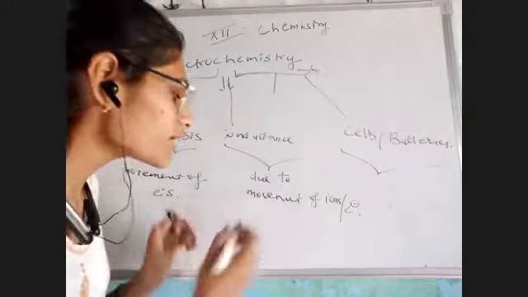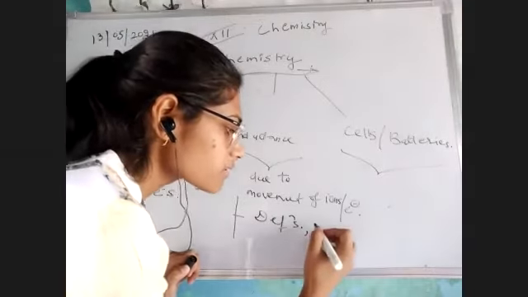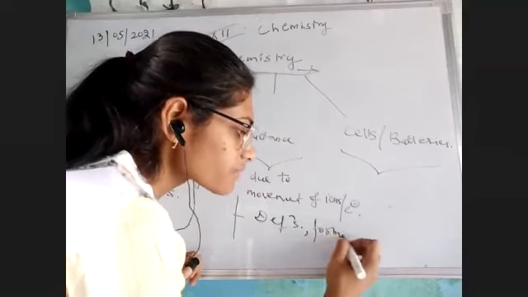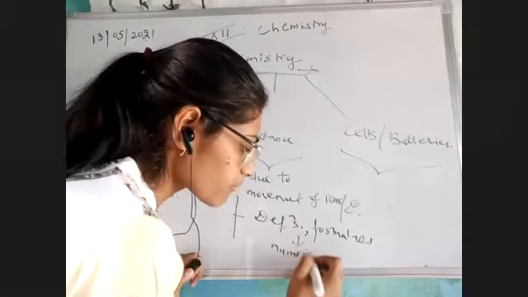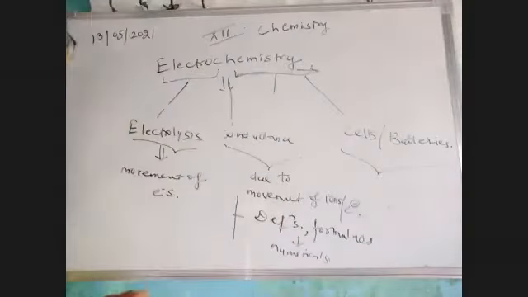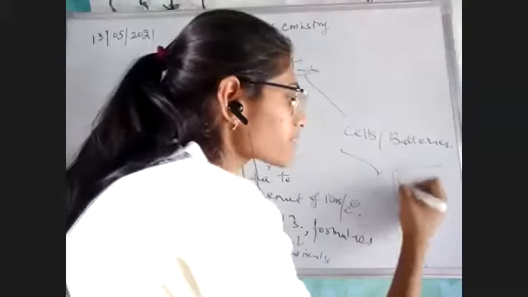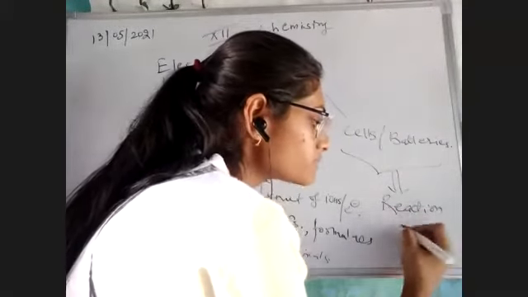In this, all are just the definitions and simple formulas on the basis of which we will discuss some numerical things. So this is a totally numerical concept. The last one is cells and batteries. That is a totally reaction dependent topic.